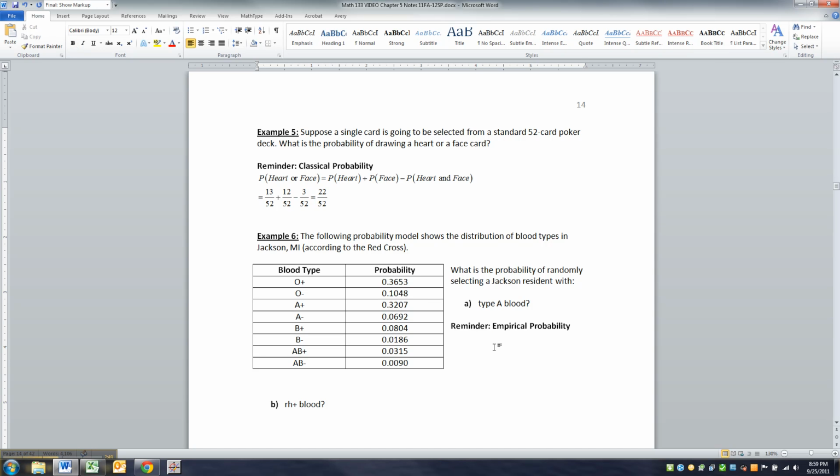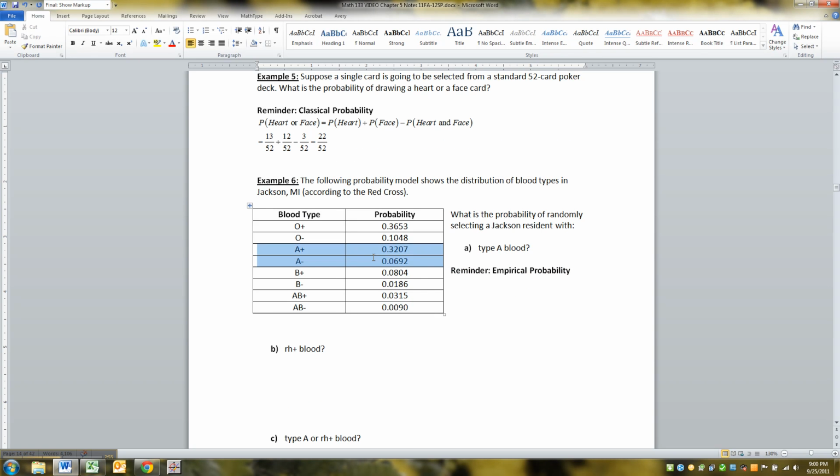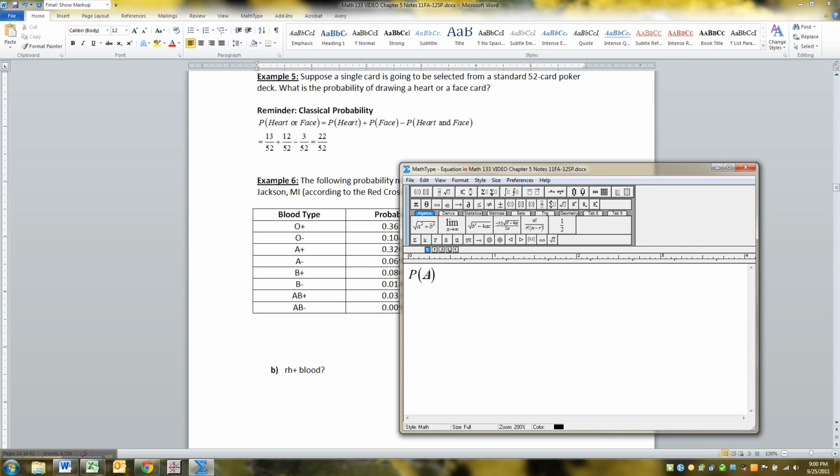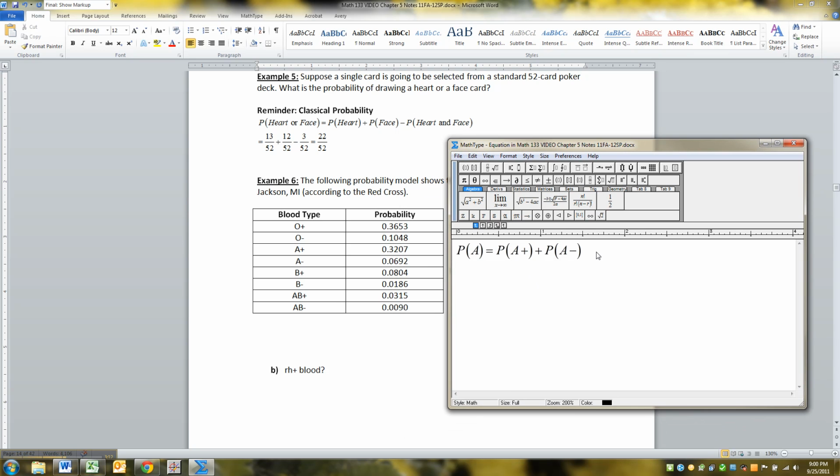Okay, so what is the probability of type A blood? Well, if you're type A blood, you're either A positive or A negative, right? So type A is equal to the probability of A positive plus the probability of A negative, which would be 0.3207 plus 0.0692.